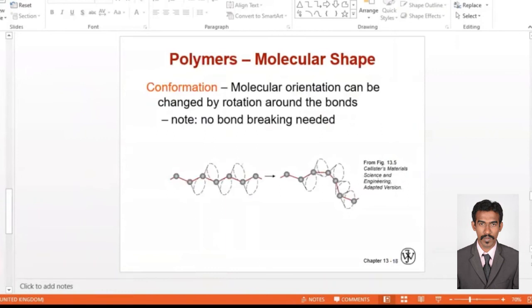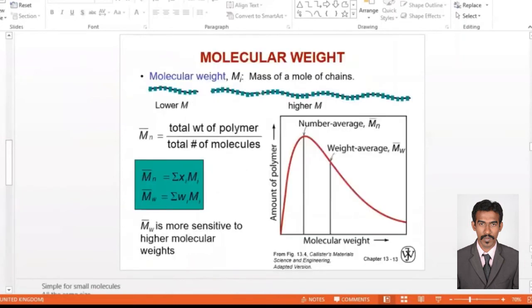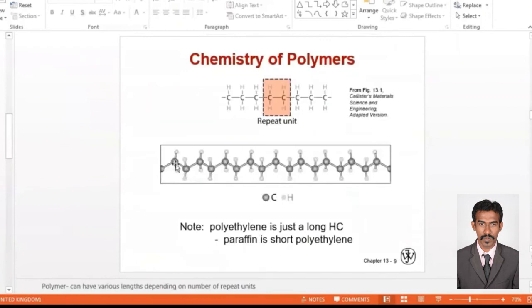There was a diagram I already showed you about how they take shape. This is how it will take the shape, a rough sketch of how it will look. Now I am going to show the same thing in a 3D view. Just remember, these all are carbon and these all are hydrogen.